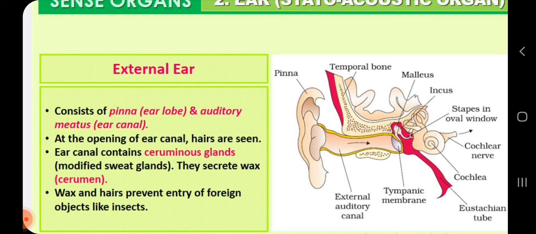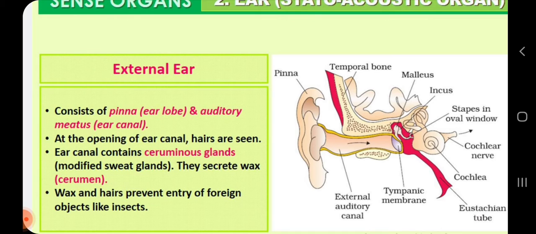You can see the arrow mark shown inside the external auditory canal. Inside it, there are fine hairs, and there are also sebaceous glands.